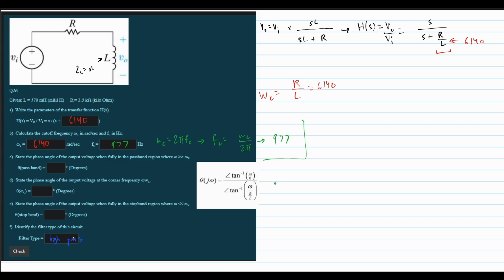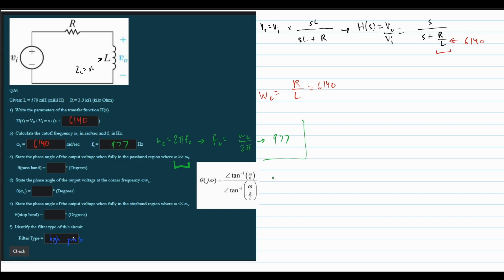And so when we plug this in for the first part, we need our omega to be much greater than our omega C. Well, if we were to plug something much greater in, let's just plug basically infinity in. So we have infinity over 0, not 0, but something very close to 0.